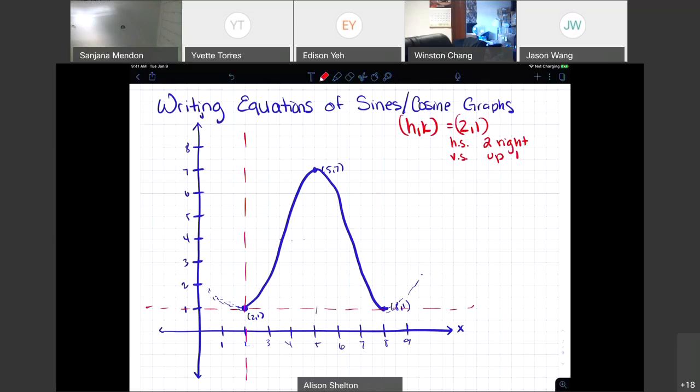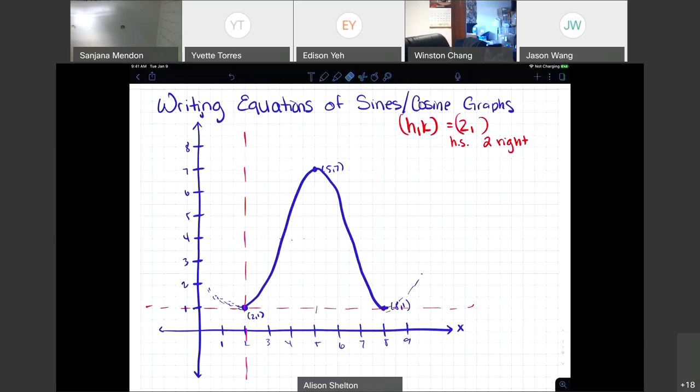And I also notice, no, it's not up 1. I am confusing you and I don't mean to. H, k, that starting point, we don't know what k is, but we know that the horizontal shift is right 2. So everyone with me on that?